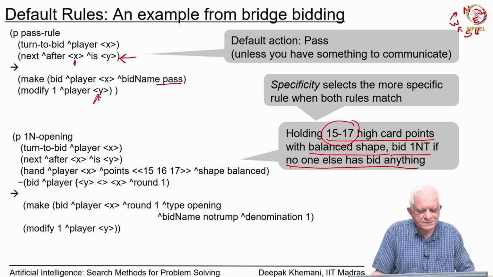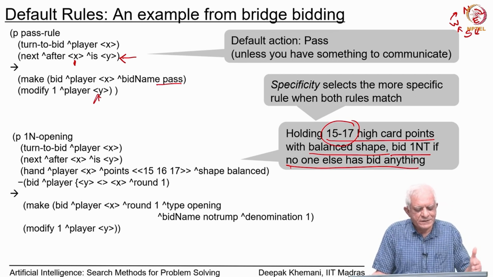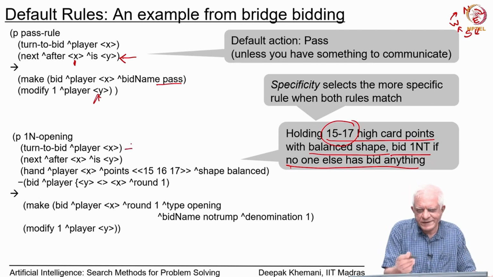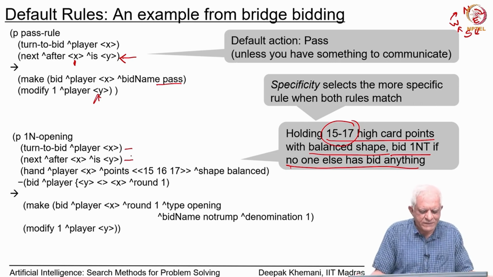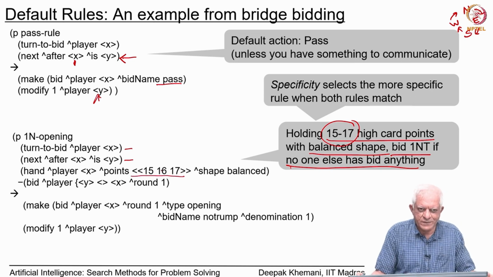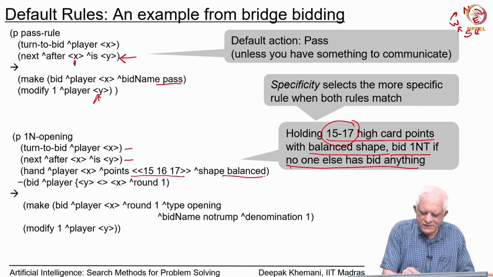And as you can see, in an OPS5-like language, you can write this as a rule. So, the first pattern is still the same, it is X is player to bid. The second pattern simply says after X, Y will bid. The third pattern says that points are in the range 15 to 17. So, the points are either 15 or 16 or 17, and the shape is balanced.